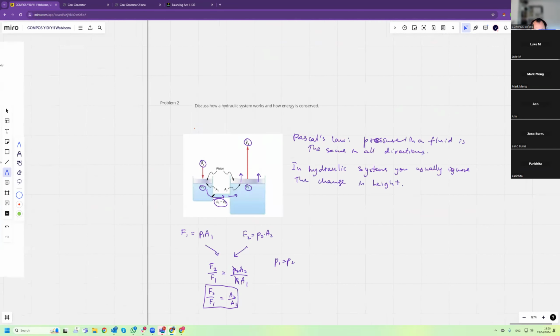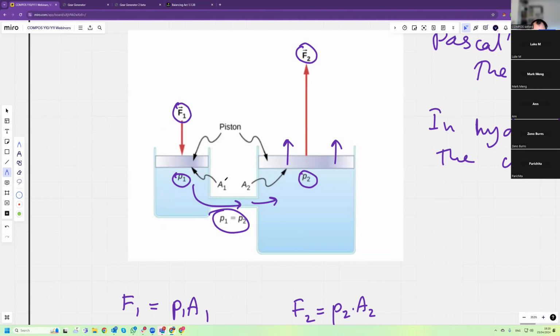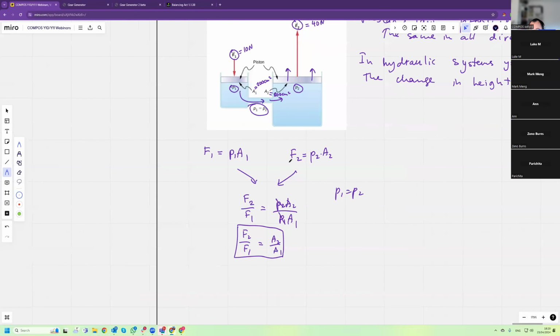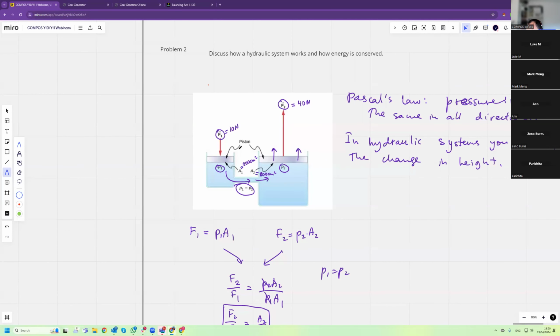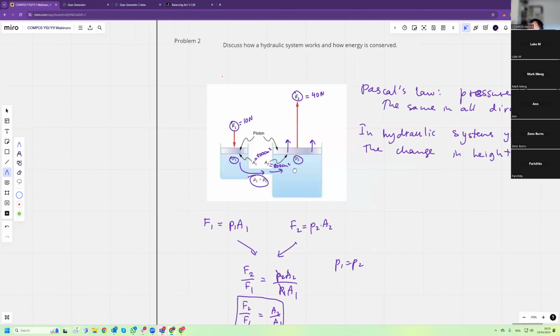So if this area, for example, was 200 centimeters squared, and this area was 800 centimeters squared, and this force was 10 newtons, this force would be 40 newtons. So the mechanical advantage in this case would be 4. You are increasing the force.